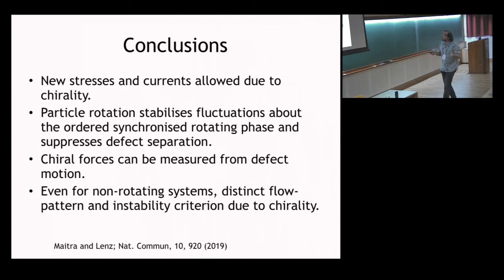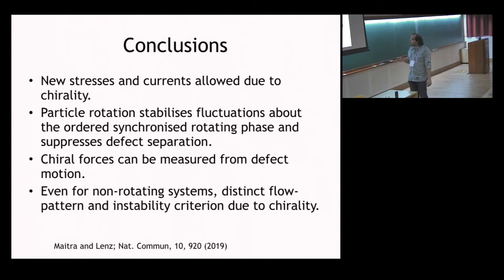So to conclude, chirality leads to new stresses and currents, but more importantly, chiral rotation stabilizes fluctuations and suppresses defect separation. And I showed that chiral forces can be measured from the direction of the defect motion, even in systems in which there is no chiral rotation, which is true for some cell layers apparently.